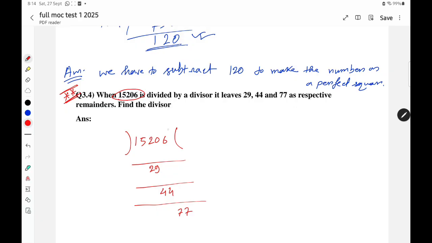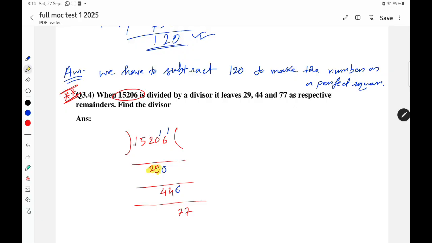So in two steps we obviously cut down these two numbers 6 and 0. In the first step we divide this 152. Next step I got this 290 and 446, and see that from 290 we subtract something and get this 44. So in the first case we get 29 as a remainder.